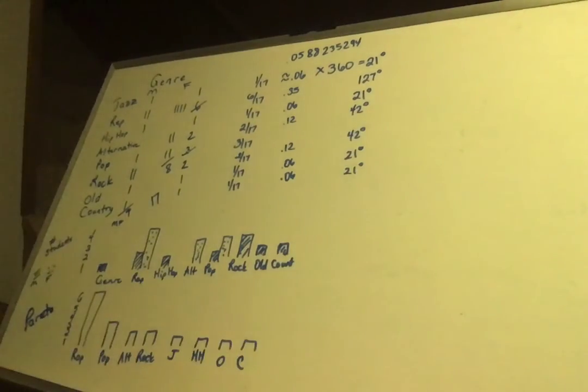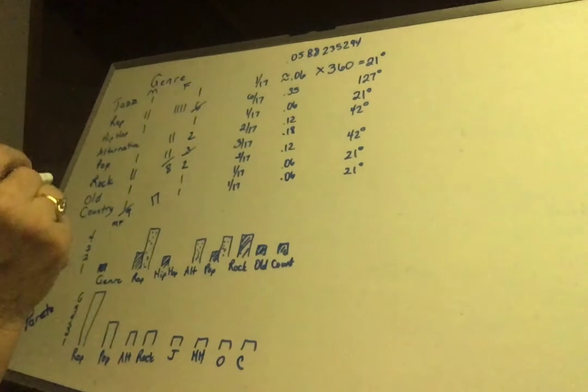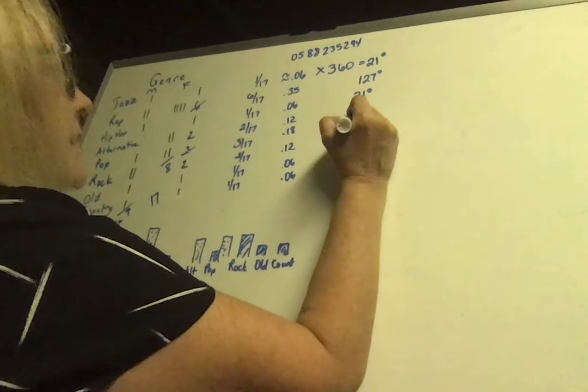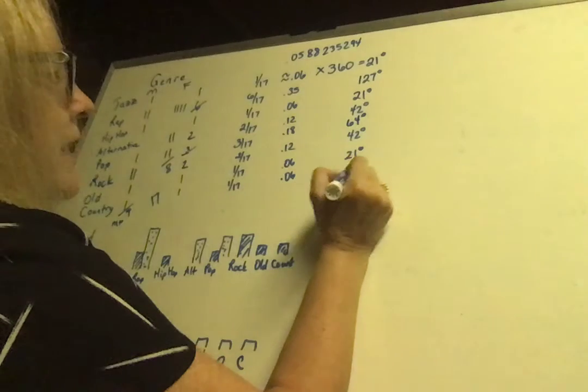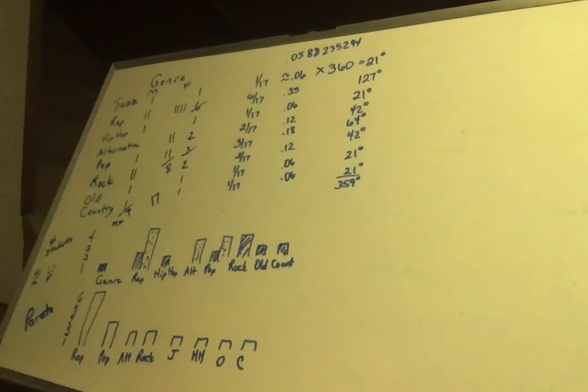And 3 out of 17 comes out about 0.18, and that one is 64 degrees. If I added them all up, I came up with 359, which is relatively close to the 360.